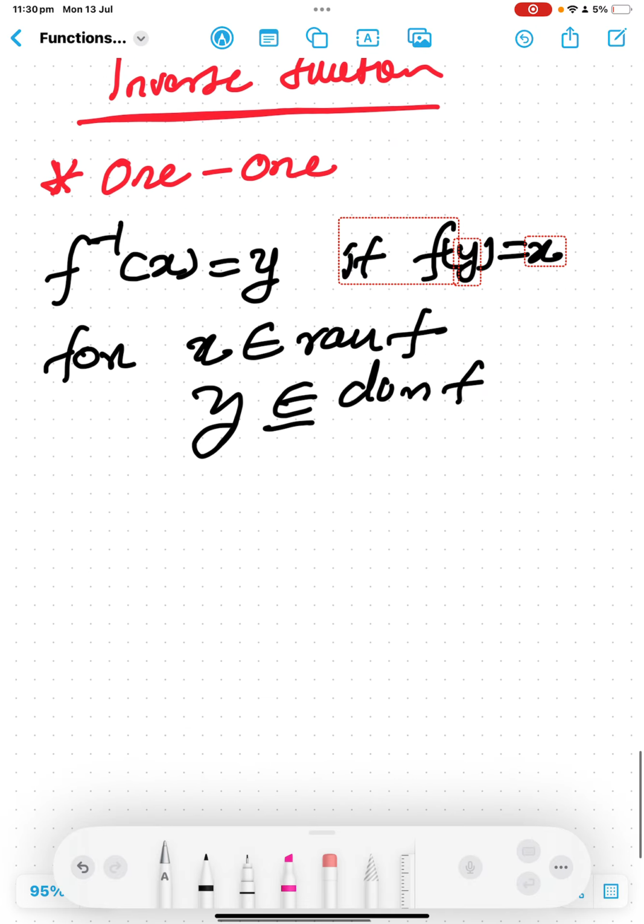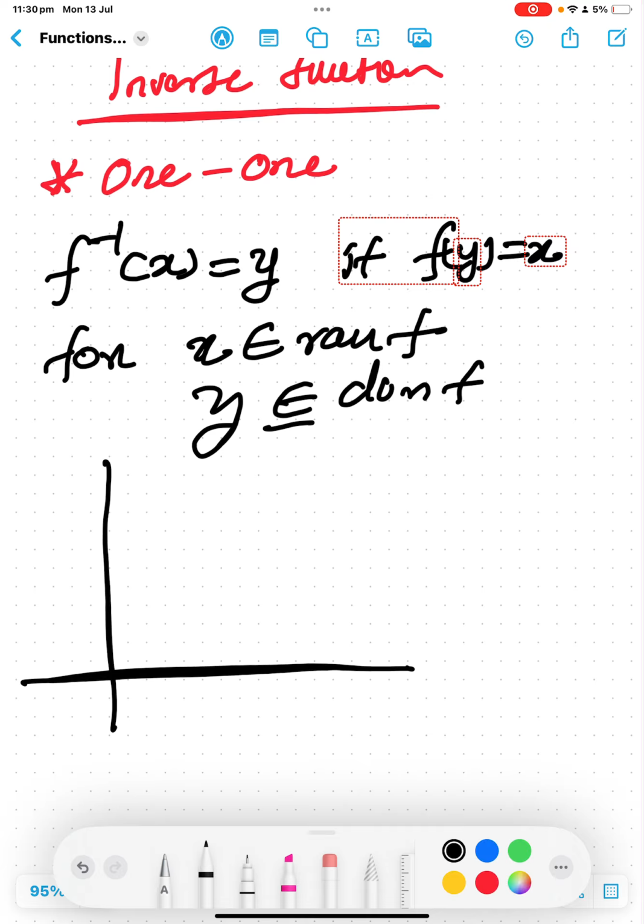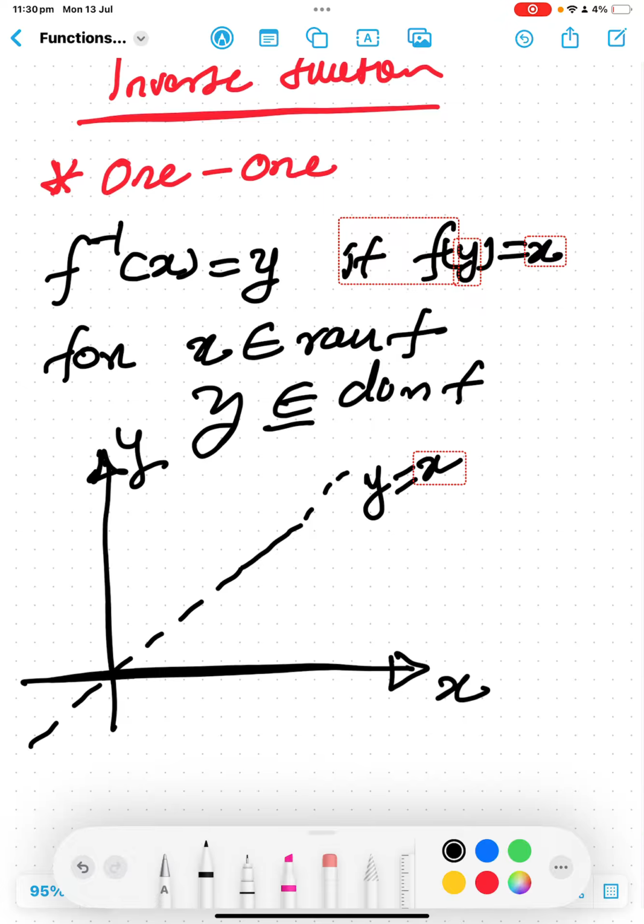So if you graph f and f inverse, let's say this is x, this is y, this is the line y equals x, and this is your graph of the function f, and f inverse would be the mirror image of the function f through y equals x. So this would be the f inverse function.